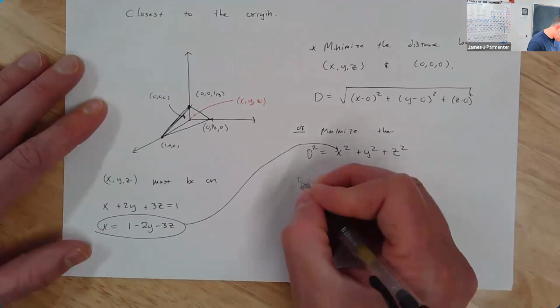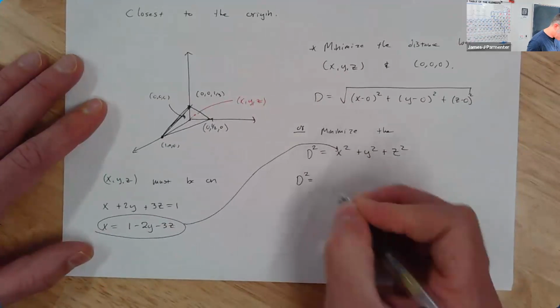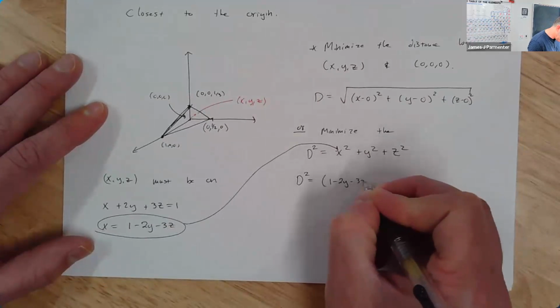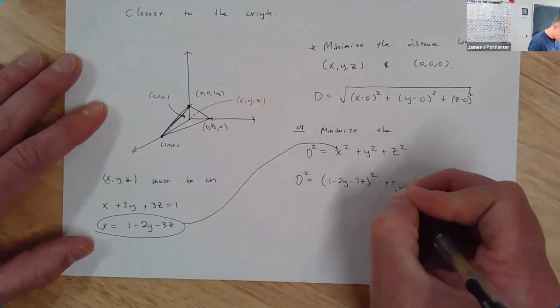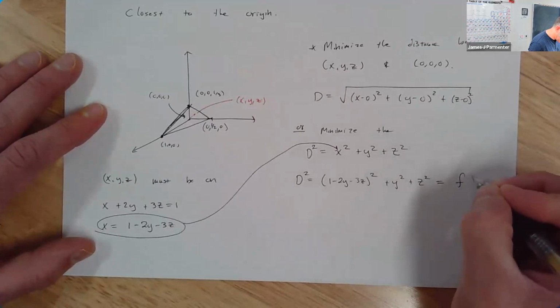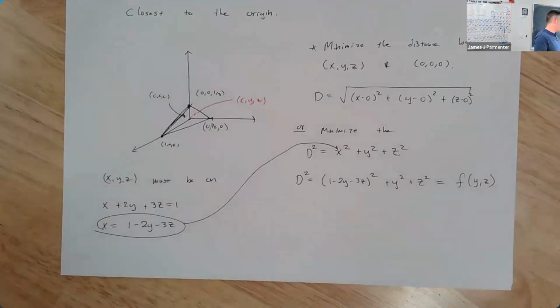So now I can say my distance squared is equal to (1 minus 2y minus 3z) squared plus y squared plus z squared. And now I have a function of two variables, y and z instead of x and y. But it doesn't matter what we call the variables. We could have switched them around if we really cared.